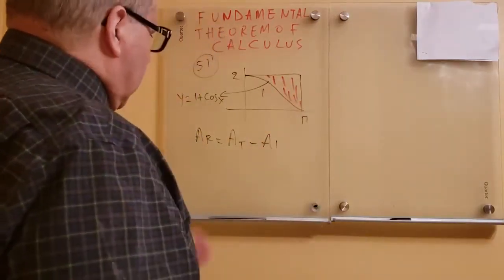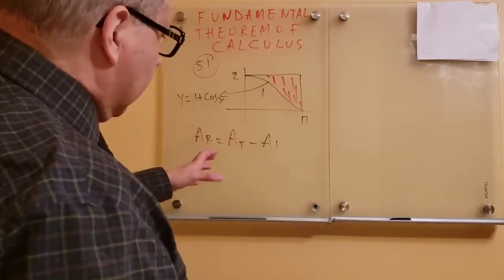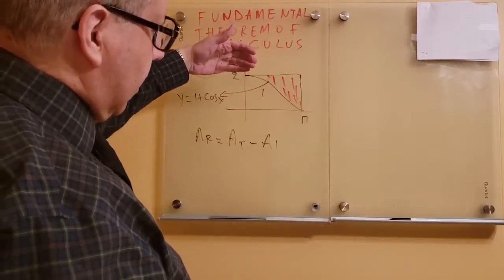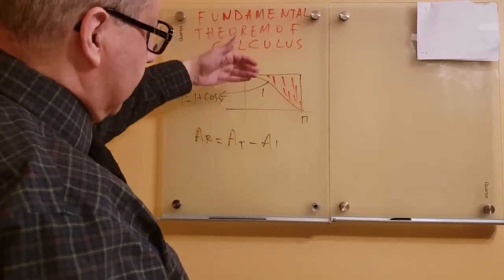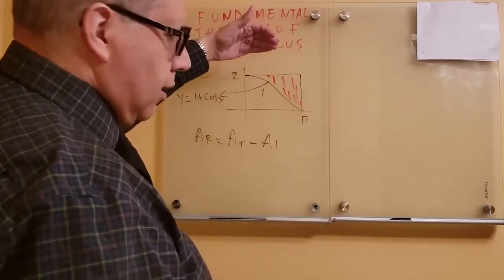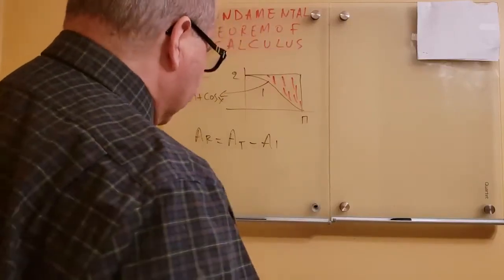So, how much is AT, the total area? I mean, we know that the area under a graph is the definite integral of the function of the graph between the 2 points.